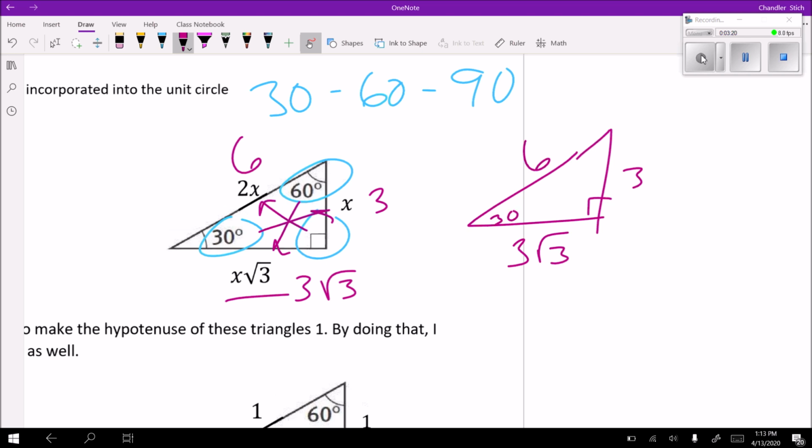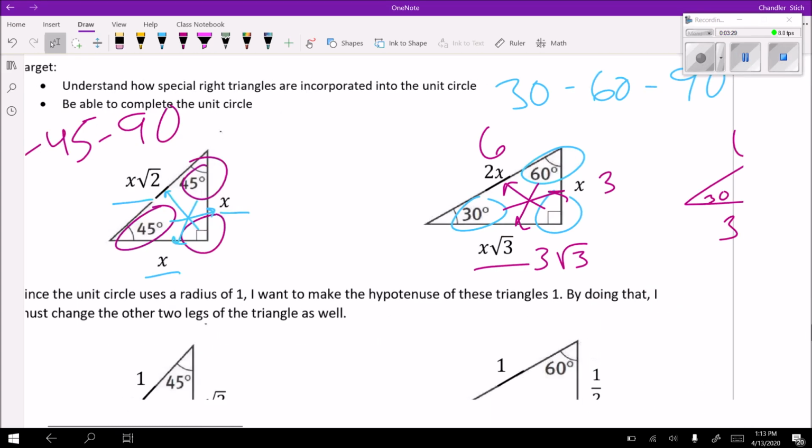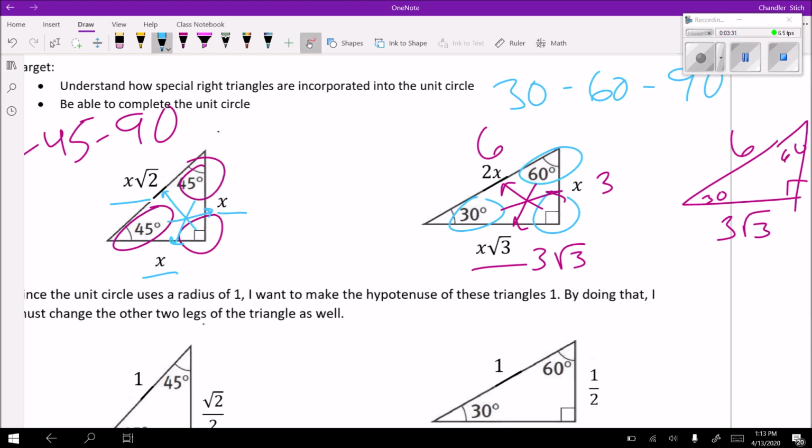Or if you go back to the 45, 45, 90, you could very easily have 5, 5, 5 root 2, because of the 45, 45, 90 pattern.